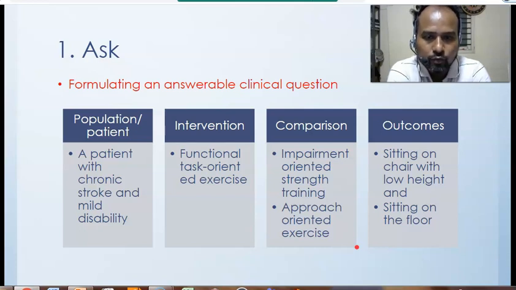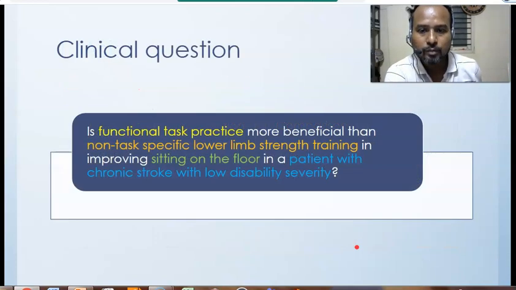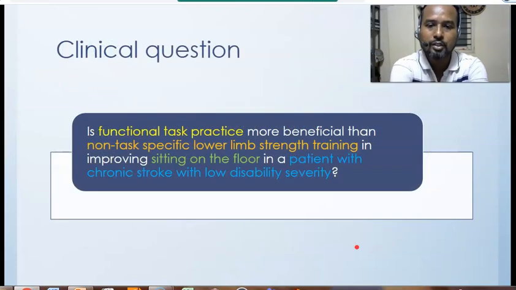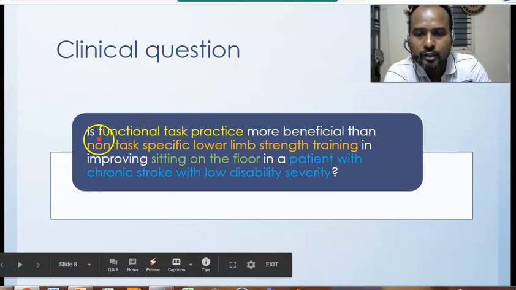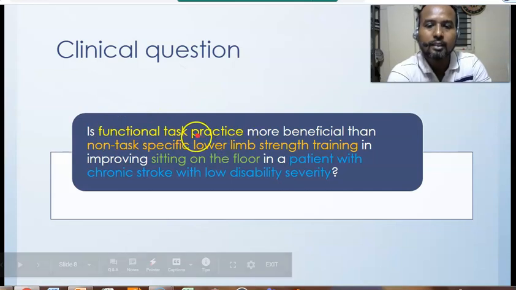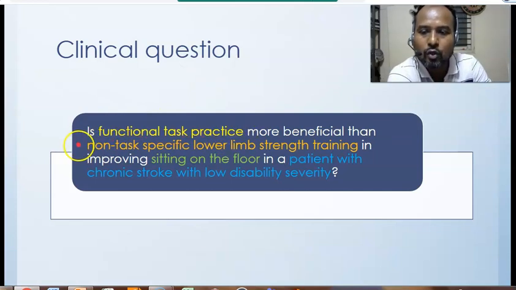Basically, is one form of treatment, in this case functional task oriented exercise, superior to a conventional treatment in producing the outcome, right? So this is how I used the PICO format and formulated the question. I've put some different colors to identify each component of PICO.